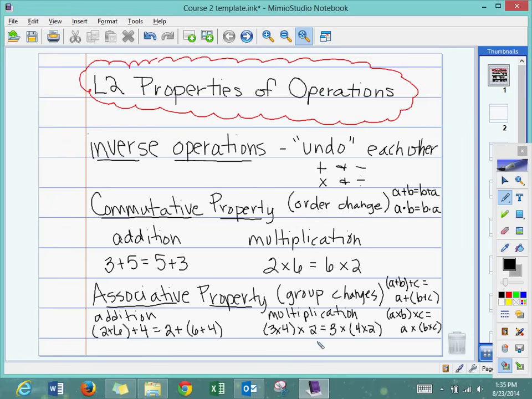If you think through these, 3 times 4 is 12, times 2 is 24. If we go on this side, 4 times 2, 8, times 3, 24. So those are equal. Now again, I'm going to flip the page because I'm out of room, but you don't have to. We have 3 more properties to go through.